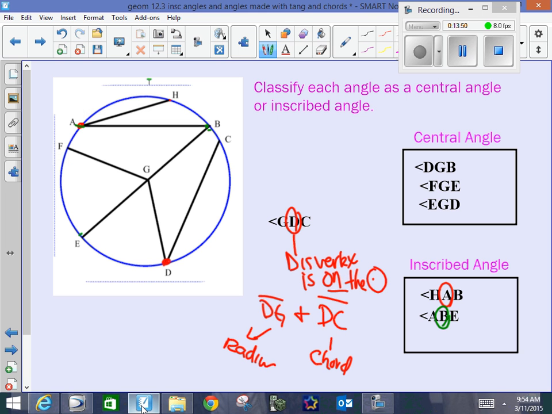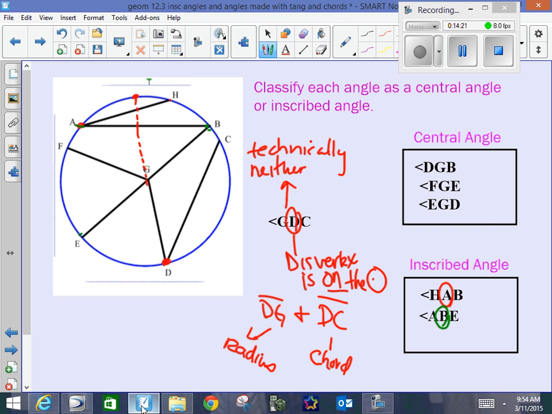So technically, it would be neither. Now, we could call it an inscribed angle, but its endpoint would not be G, it would be up there where it lands.